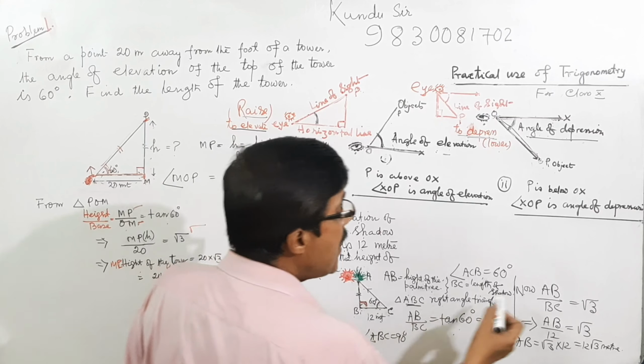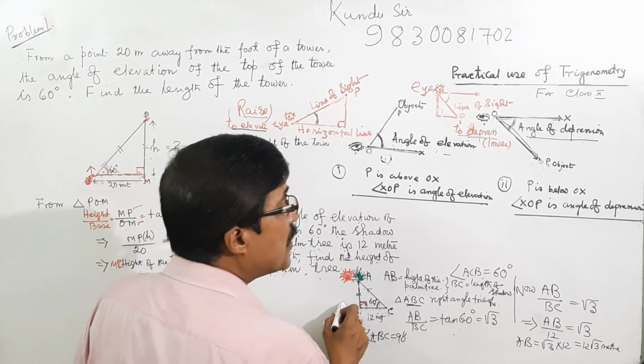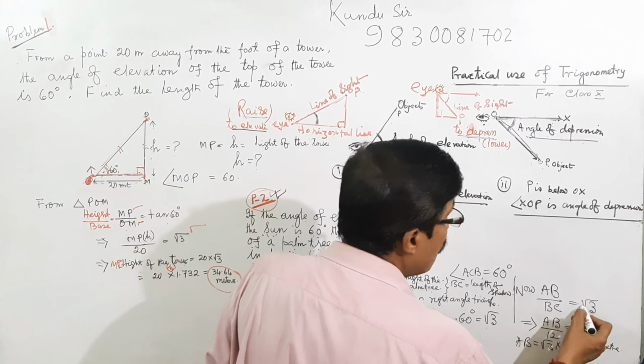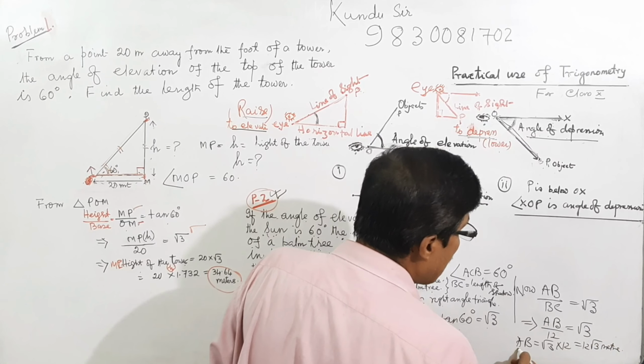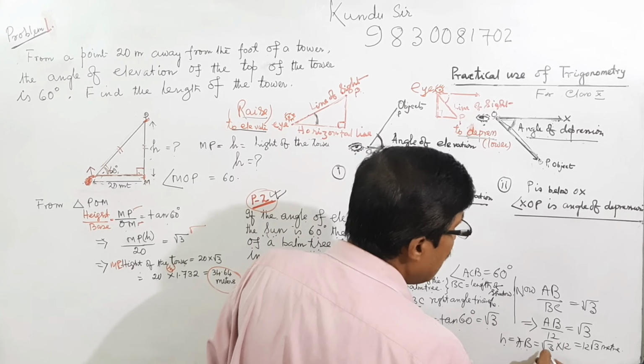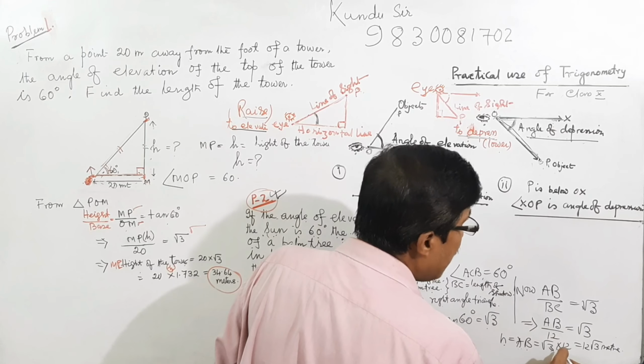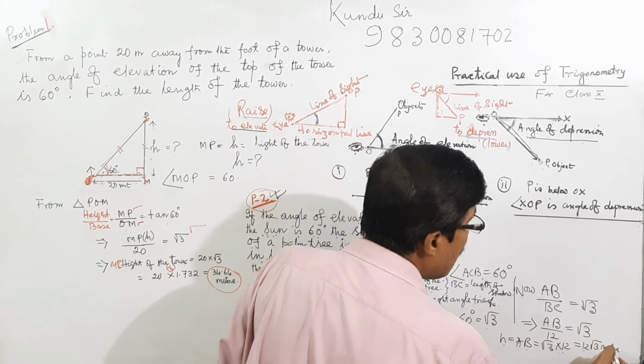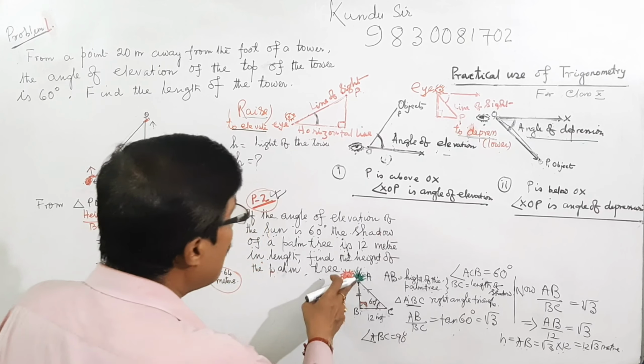Now AB is equal to root 3 into the base. Therefore, the height of the tree AB is equal to root 3 into 12, that is 12 root 3 meter.